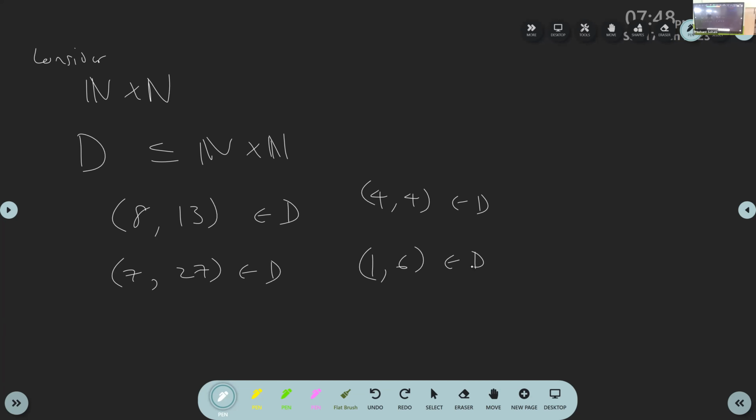Can anybody guess the relation? Anybody else? After you guess the relation, can I keep track that everybody has guessed it? I'll keep writing examples. Maybe 100, 205.